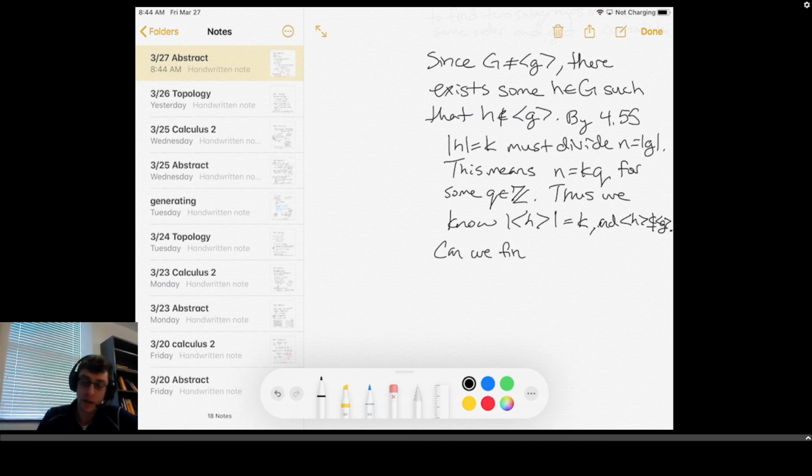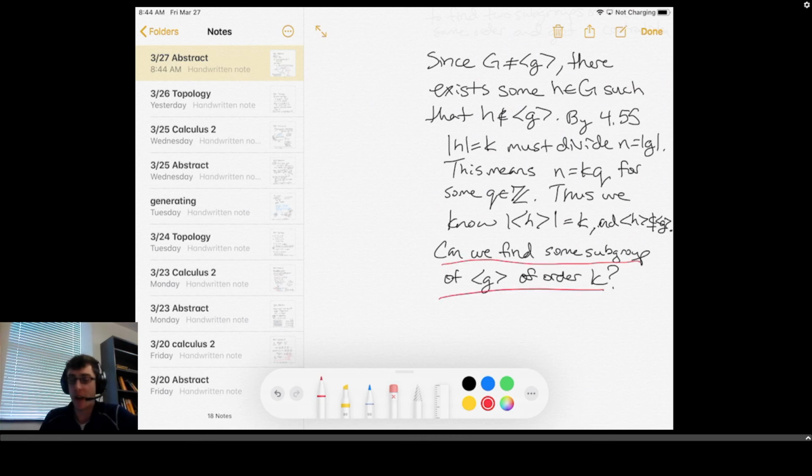So what I'm going to ask you is, can we find some subgroup of the subgroup generated by g of order k? Because this would be a contradiction. We would have one subgroup inside the subgroup generated by g and one other subgroup that's not in there, both of the same order. This would give us a contradiction. So this is the key question. Can we find this?